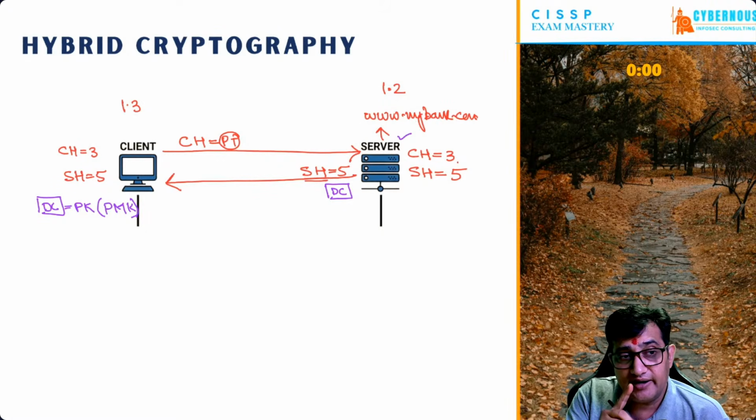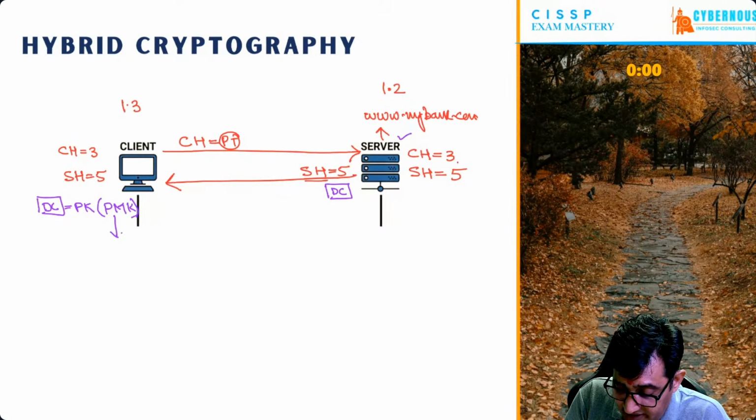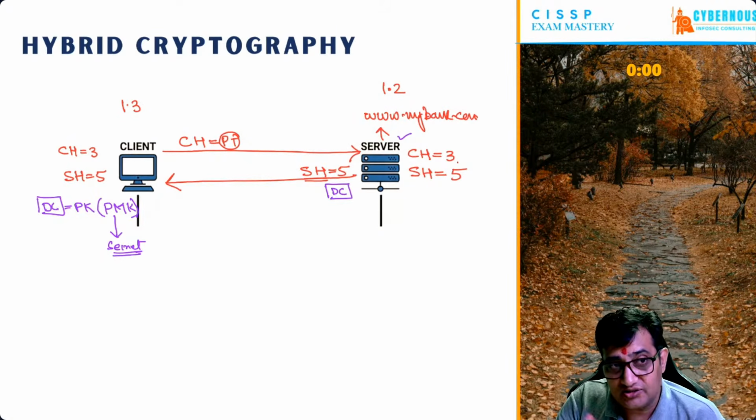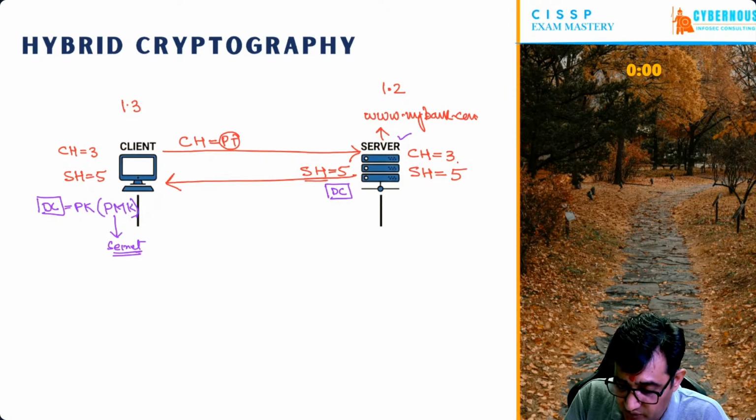Now you understand, right? The first time we are using the word key, that means it is a secret value, and a secret value cannot be sent just like this in plain text. It is going to be encrypted with the public key in the digital certificate. Whose public key? It is the server's public key.